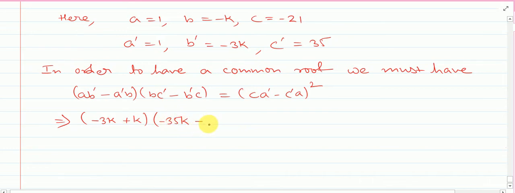And b' is minus 3k and c is minus 21, so you simply get plus 63k. Then c is minus 21 and minus c' is 35, a' is 1, so we get this whole square.